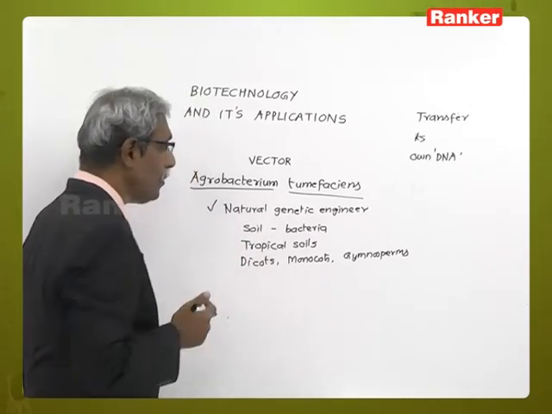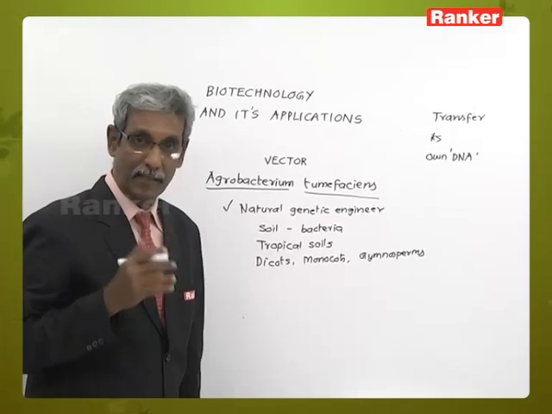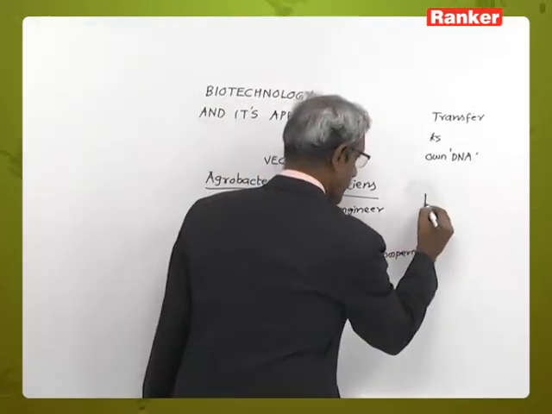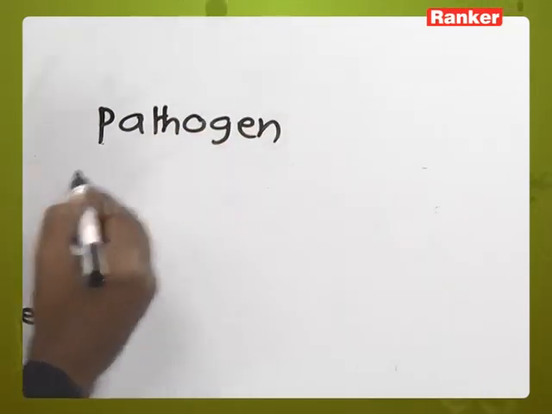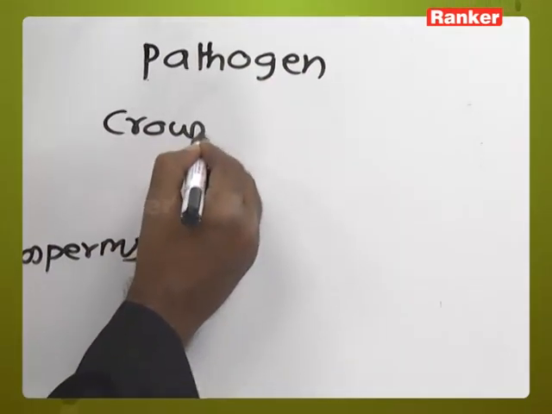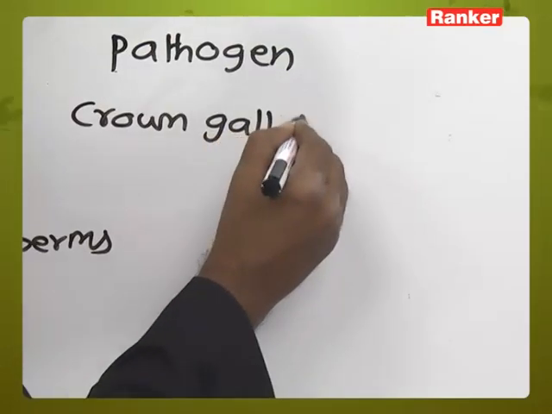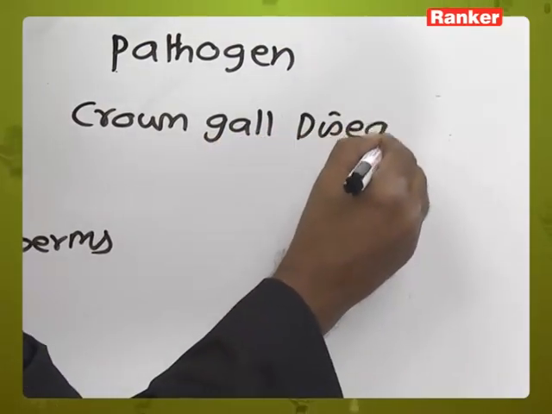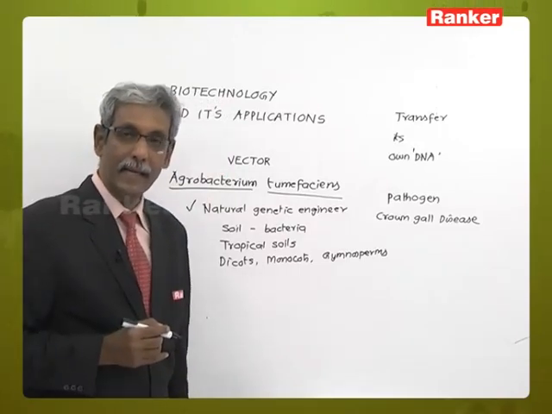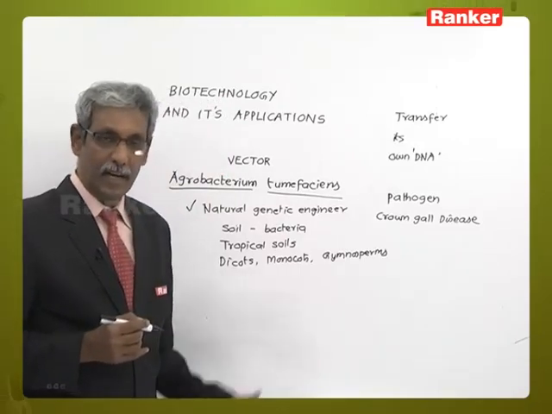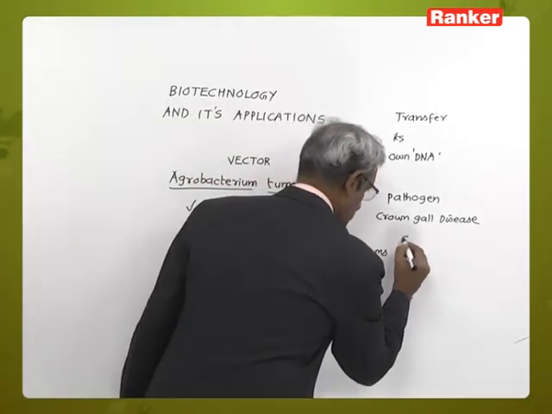And Agrobacterium tumefaciens is a very important pathogen. It is a pathogen which is responsible for a disease which is termed crown gall disease. Crown gall disease is a bacterial canker. It is a cancerous disease, so it causes plant cancer.